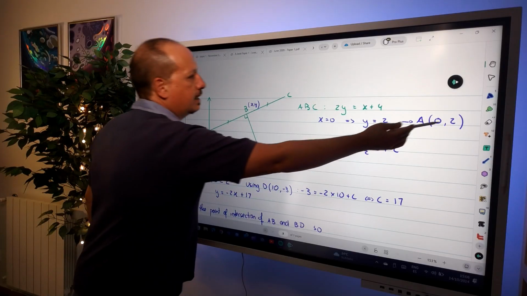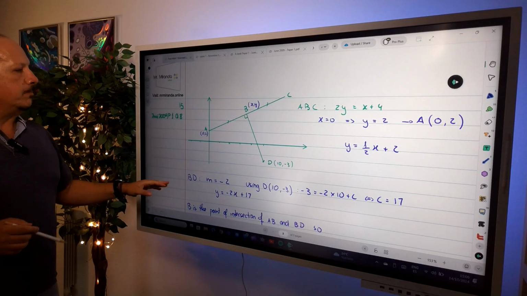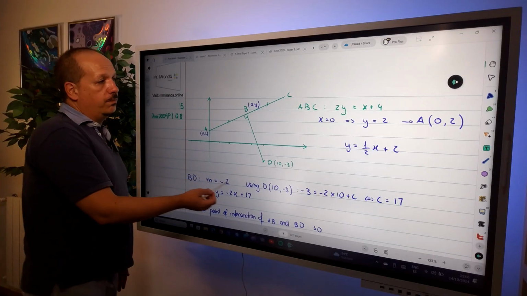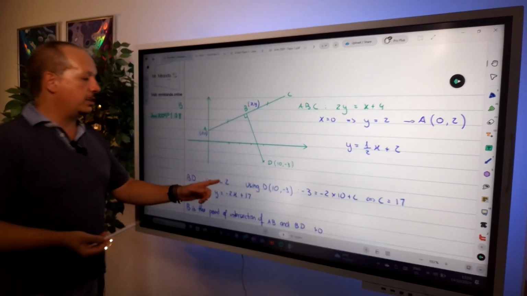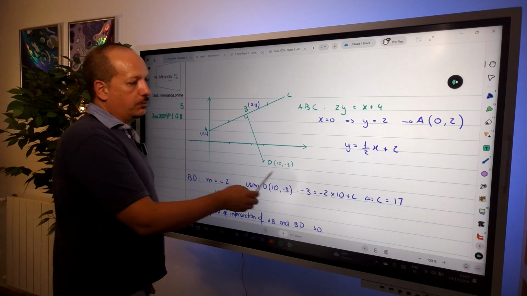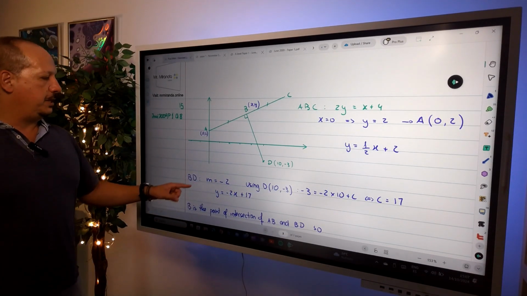This is the y-intercept, so that is the coordinate of point A, which is the y-intercept of the line. For line BD, I get the gradient as minus 2. It's minus 1 over that, so it's minus 2. Using this point, I can get the value of the y-intercept, which is 17. So now I know the equation of line BD. It's over here.